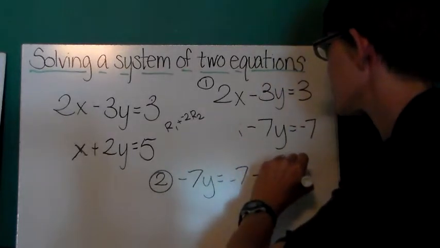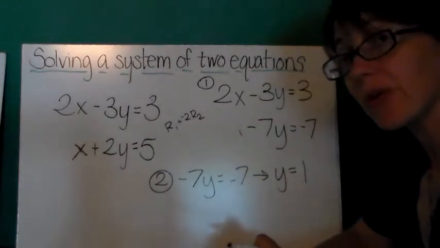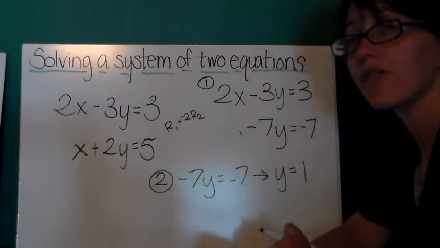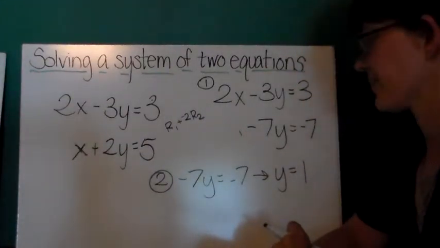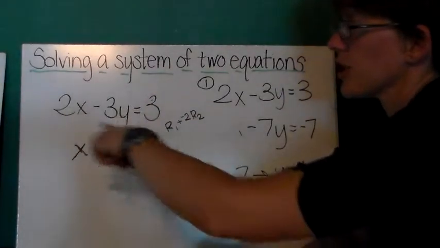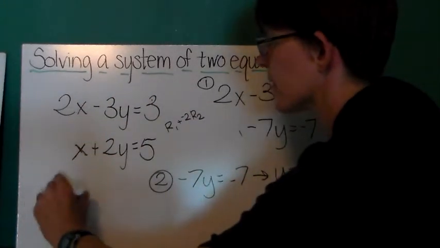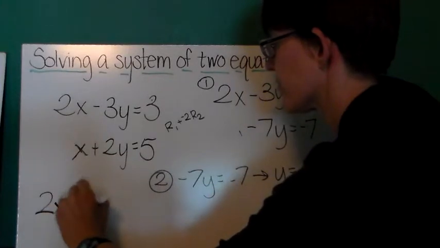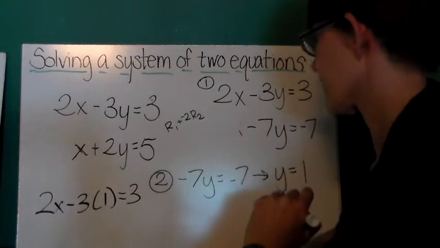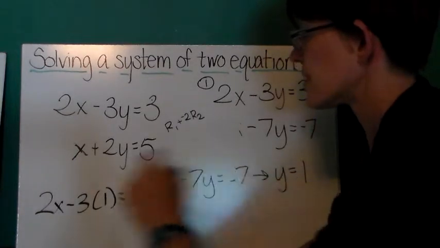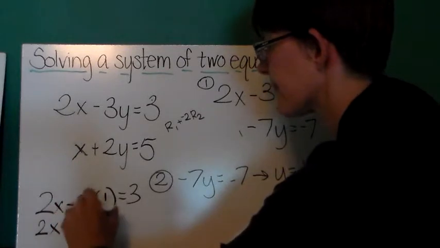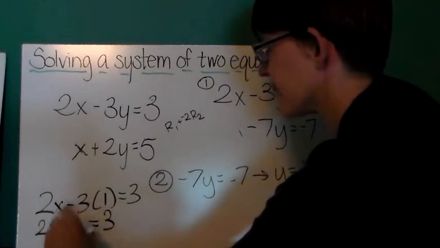that y equals 1. Now that I know that y equals 1, I can substitute this value into either one of my original equations. I will substitute it into the top equation, 2x minus 3 times 1 equals 3, and I get 2x minus 3 equals 3.